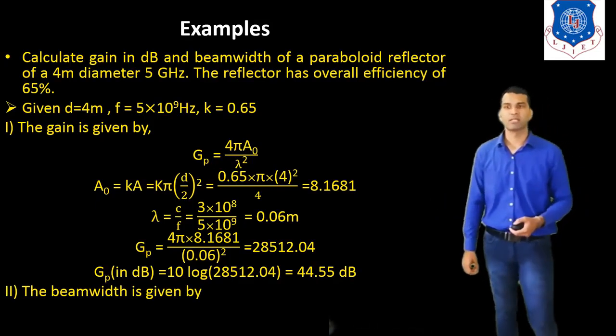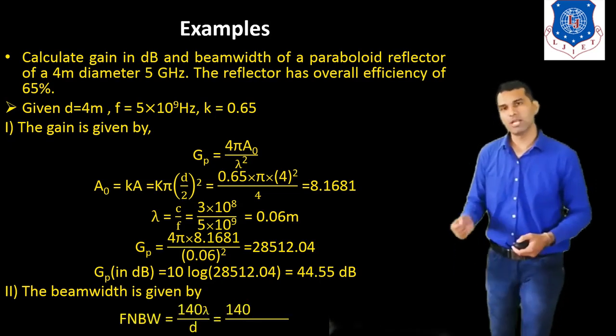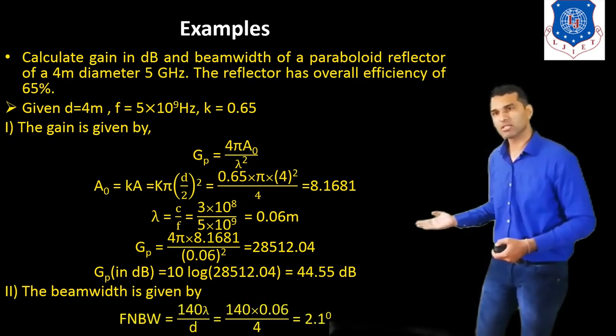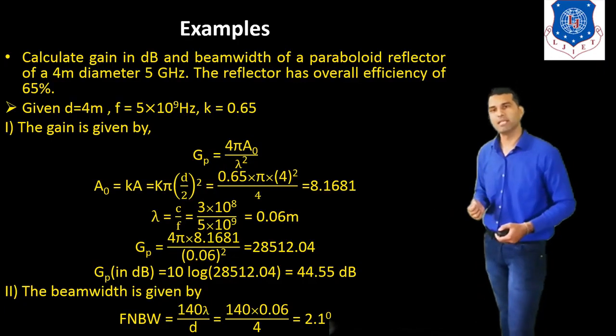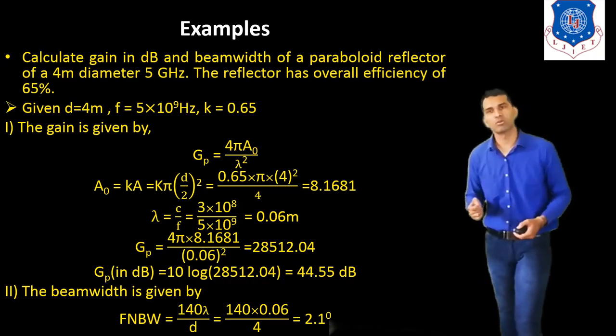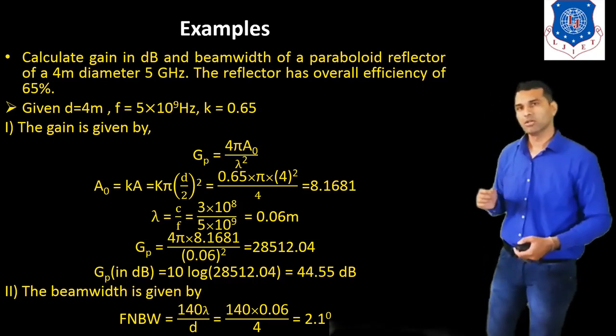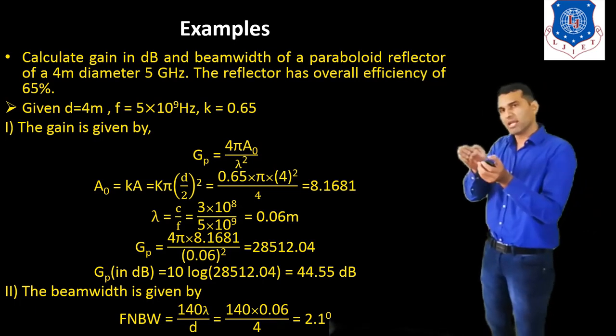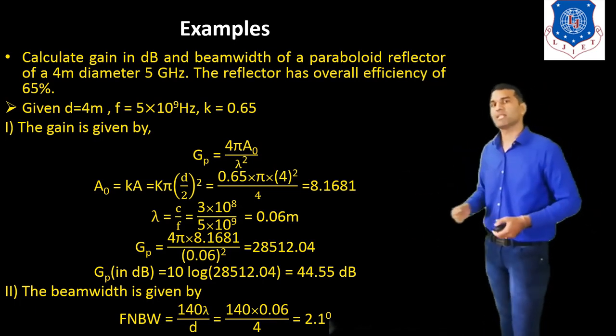Now the beam width is given by FNBW. We can calculate it using the equation 140 lambda by D, and we have the lambda value 0.06. So we get FNBW is equal to 2.1 degrees. So here the beam width is very narrow. That's why it is known as a pencil beam antenna.